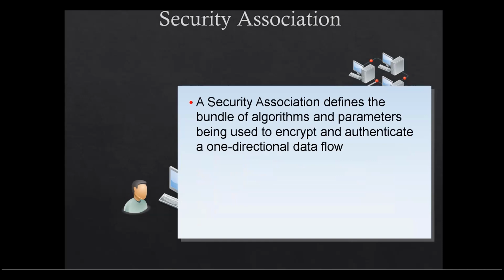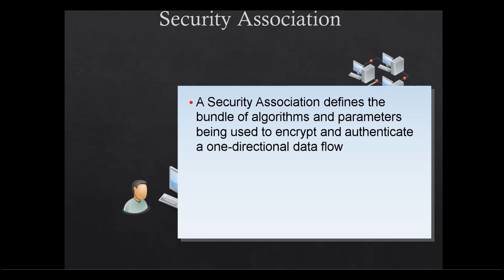Security association, again, definition: a security association defines the bundle of algorithms and parameters being used to encrypt and authenticate one directional data flow. To make it simple, whenever you are sending traffic through the IPsec VPN, it has to get encrypted. If you are encrypting the traffic, it has to use some algorithms, right?